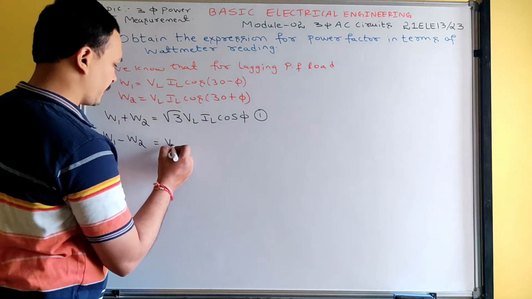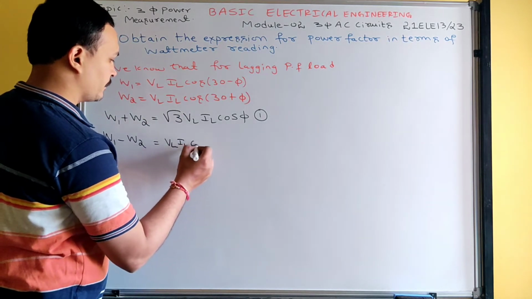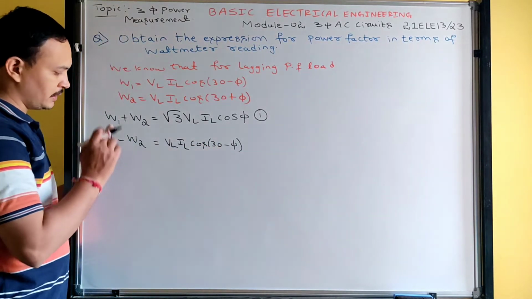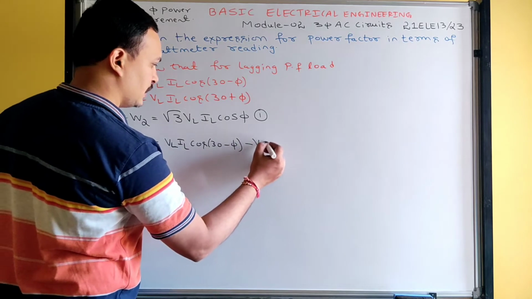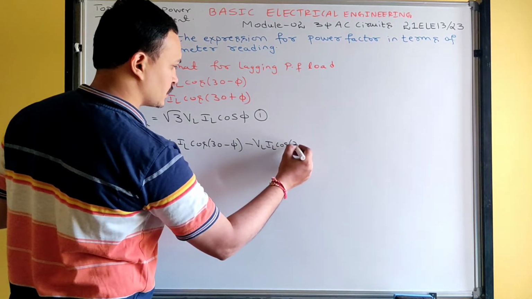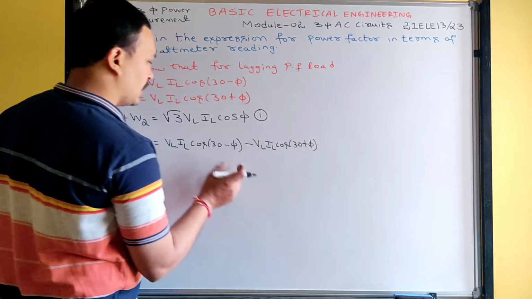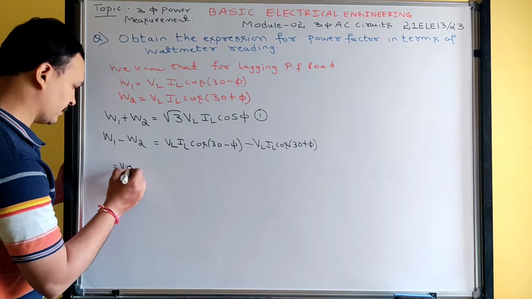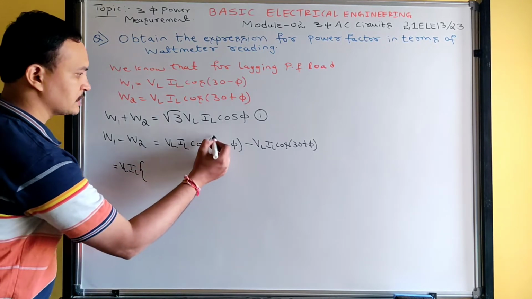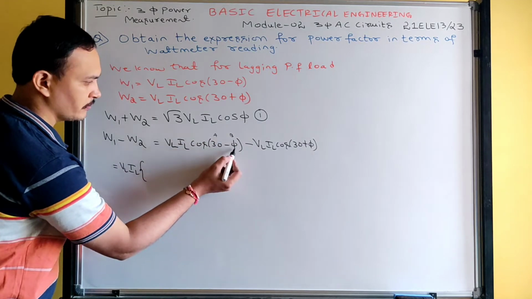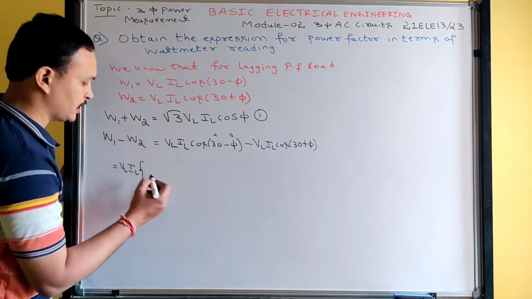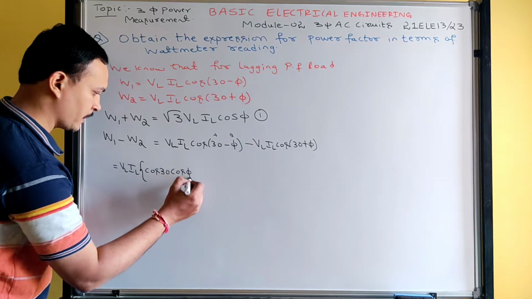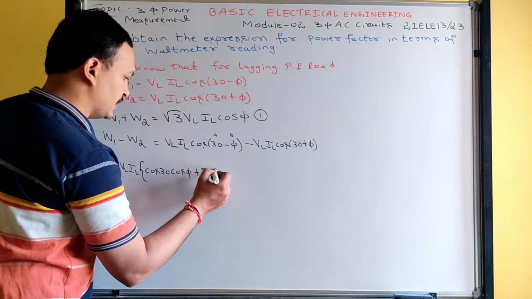W1 is VL IL cos(30 minus phi), minus W2, which is VL IL cos(30 plus phi). Apply the cos(A minus B) formula: this is the A value and this is the B value. Cos(A minus B) is cos A cos B plus sin A sin B.